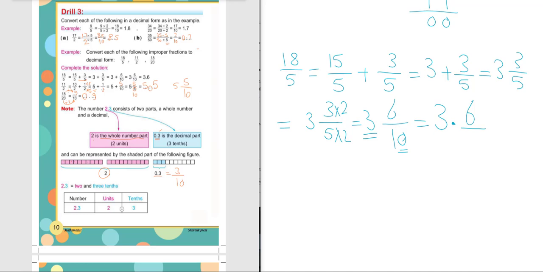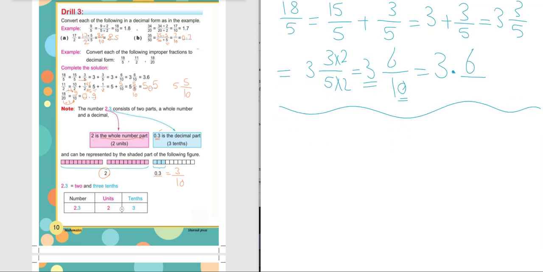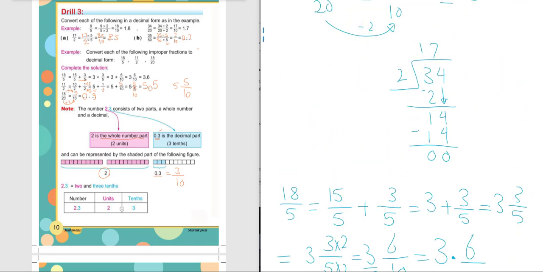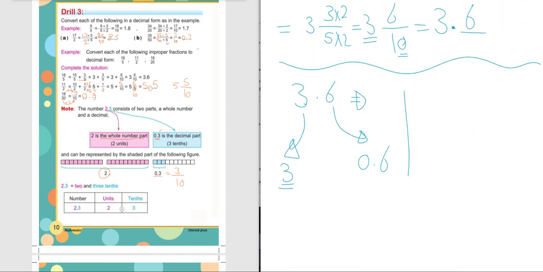And if we have 3.6, and I want to know the value of each digit, the value of 3 is 3, and the value of 6 equals how many? 0.6. For 1.7, it is 0.7, and here 1.